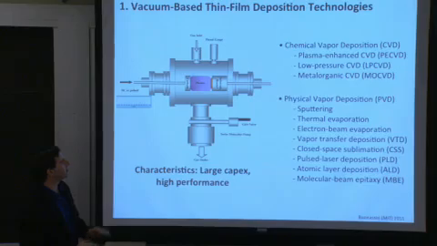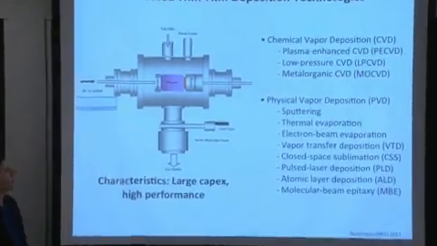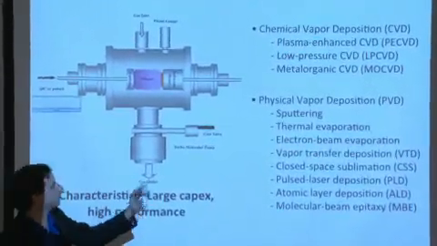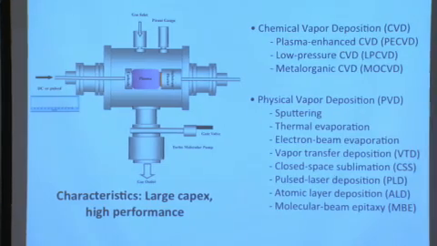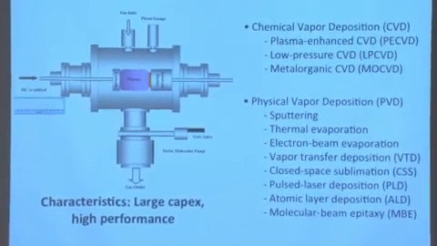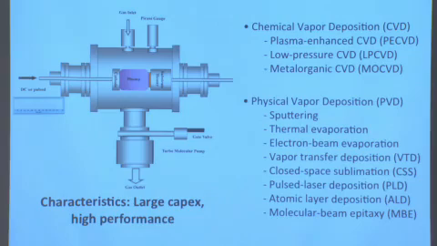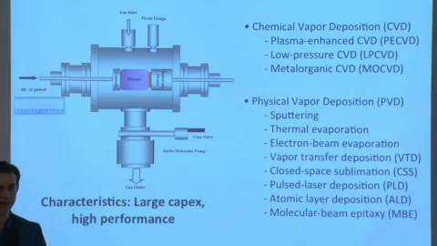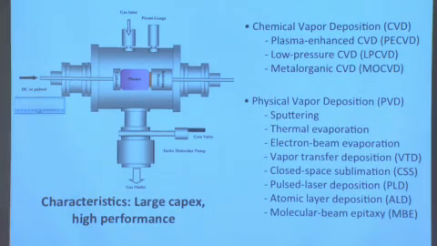There are a variety of ways to accomplish this goal. One class of techniques is called chemical vapor deposition, often referred to as CVD. This typically involves flowing in some form of gas into your chamber and then allowing that gas to react on the surface of your sample or above the surface of your sample and ultimately depositing on the surface.